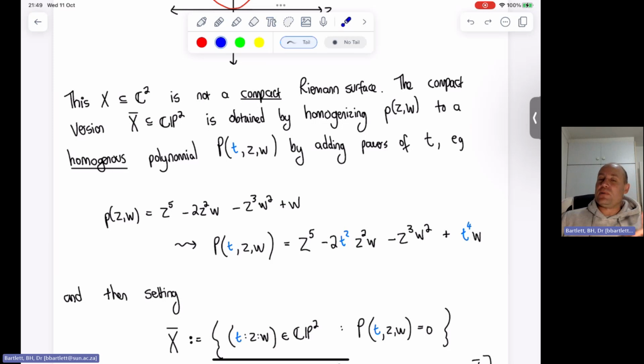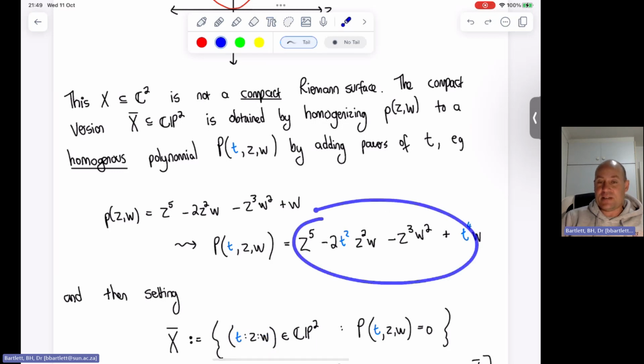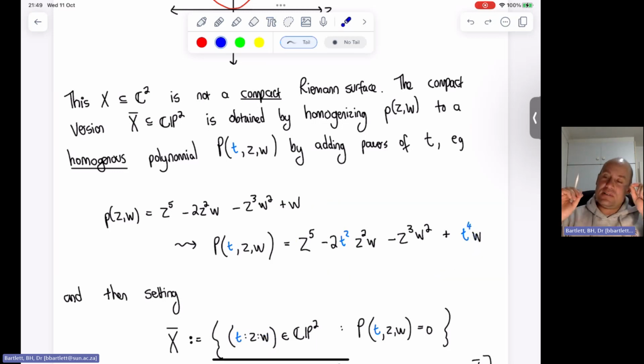This polynomial can't be thought of as a function on CP2 because if I were to scale all these three coordinates, then I would get out a different number out here, right? It's not a function, so it doesn't make sense to say what's the value of p at a certain point, but it does make sense to say is p 0 or non-zero at a certain point. So this equation here does at least make sense. Okay.